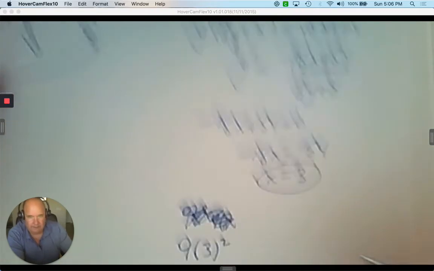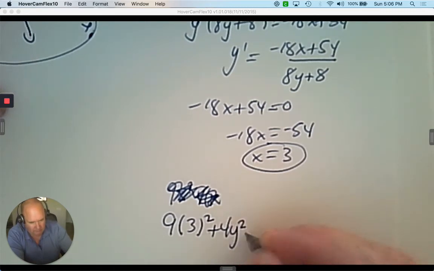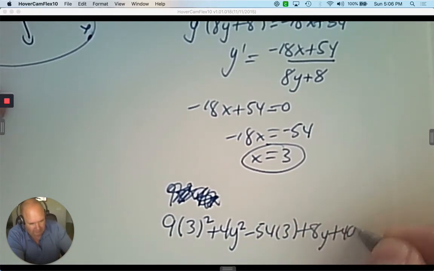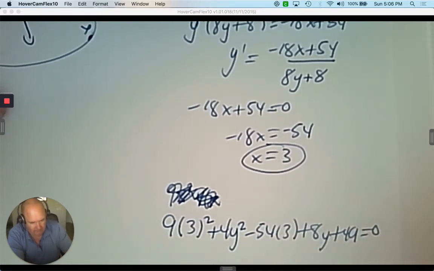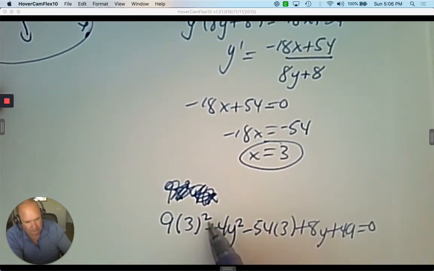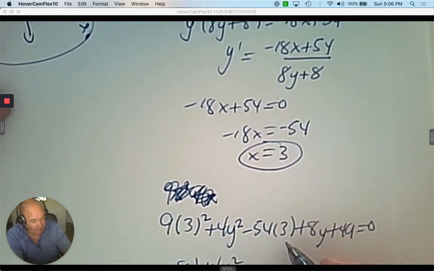So instead of 9x squared, it's 9 times 3 squared. 4y squared minus 54 times 3 plus 8y plus 49 equals 0. All right, so I'm going to simplify this and solve it. So this is 9 times 9, that's 81. This is 54 times 3, which is 162.